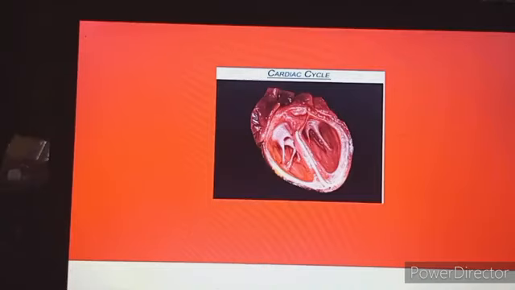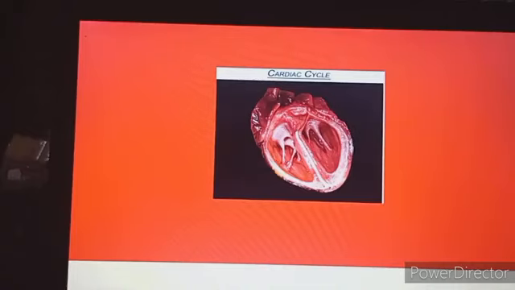Now, in the video you have seen how the cardiac muscles were contracting and relaxing. The heart is made of muscles that can contract and relax, but all of them do not contract or relax at the same time.